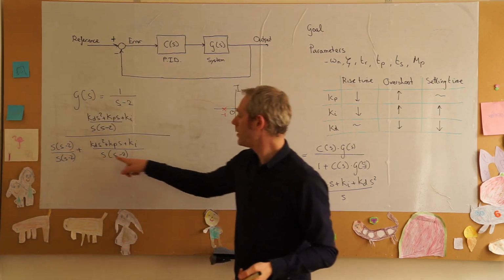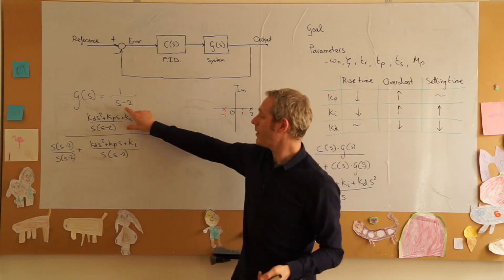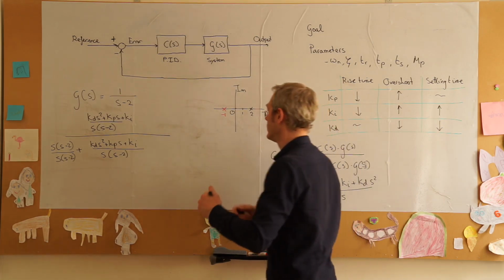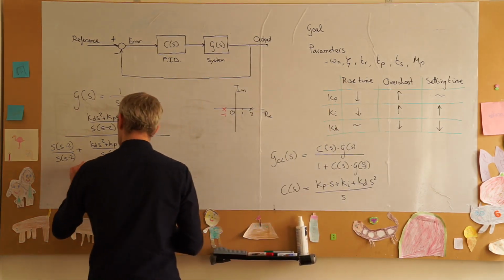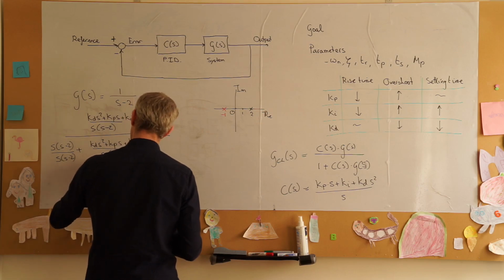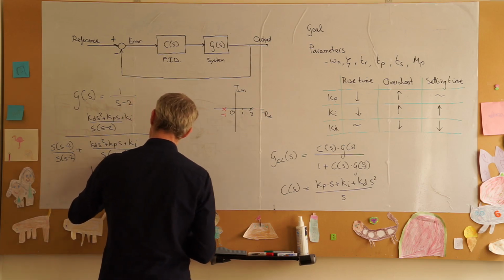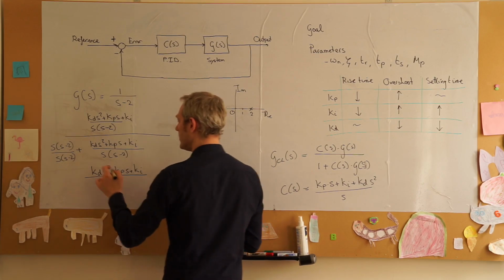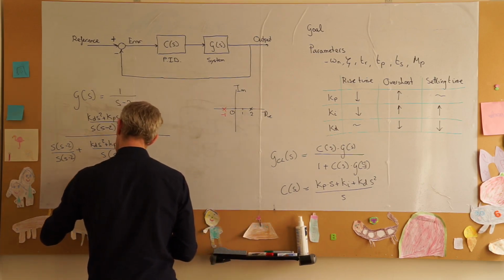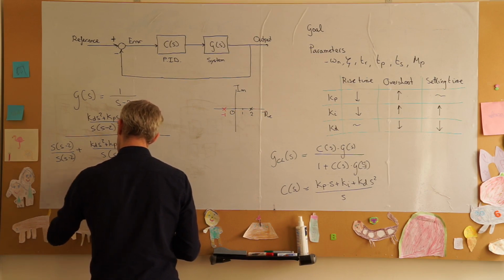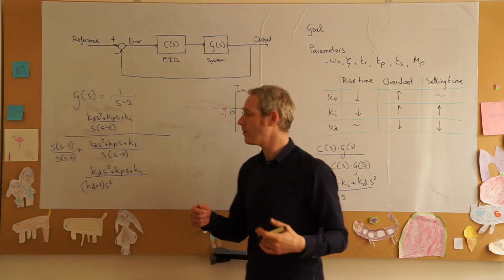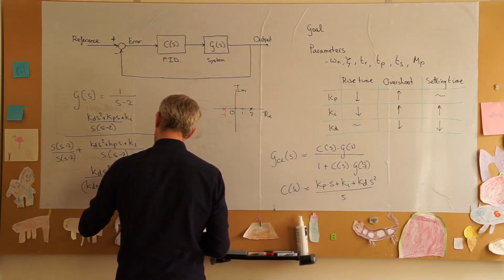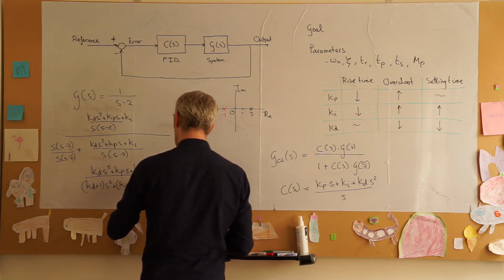And I do that so that the fraction in the denominator and the fraction in the numerator have exactly the same denominator, and we can divide that, and we get Kd s squared plus Kp s plus Ki over, well, this one, s squared minus 2s, but I can write that as (Kd plus 1) times s squared, then s times minus 2s, I have a Kp times s here, plus (Kp minus 2) times s plus Ki.